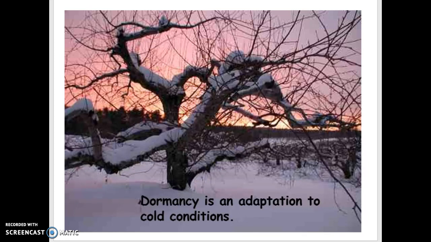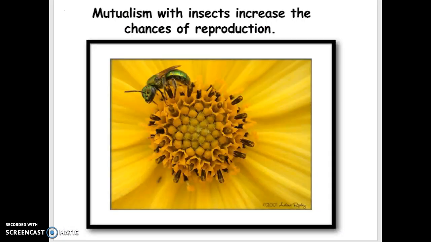Dormancy is an adaptation to cold. A lot of them will have relationships with insects to increase their chances of reproduction, called mutualism. We'll talk more about this in ecology, but honeybees are a major pollinator of a lot of plants, and as we continue to lose honeybees on this planet, we're threatening the plant survival, which then threatens human survival.